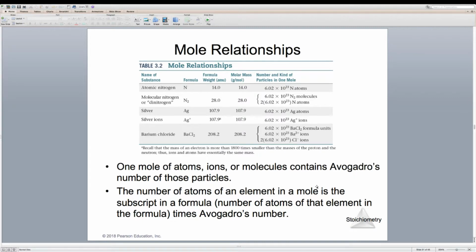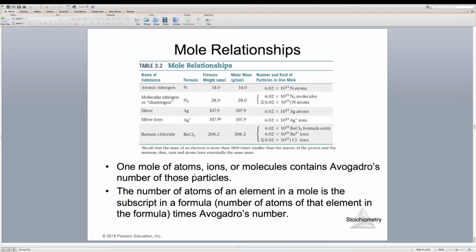And if we see what the formula weight is, and we see what the molar mass is, and we see the formula itself, we notice that still Avogadro's number can relate all of these. And that is why the mole is the preferred unit for mathematical relationships, essentially, in all of our chemistry courses.